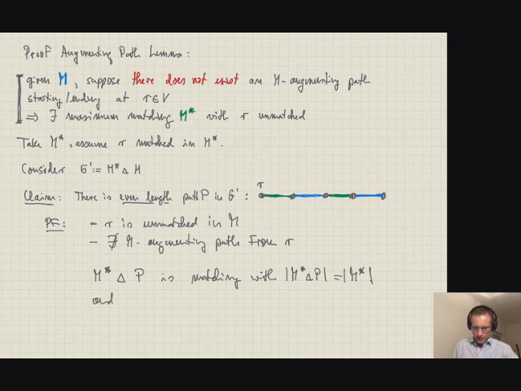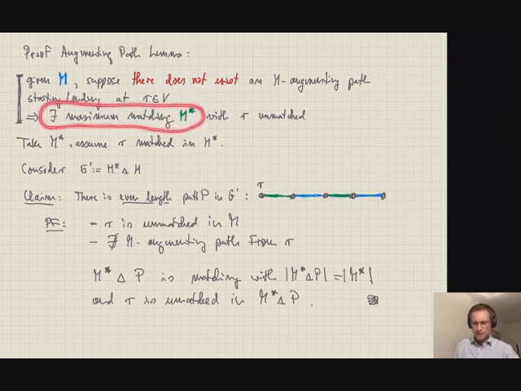And actually R is unmatched in this new matching. And that is what we wanted to show, because we wanted to show that there exists another maximum or some maximum size matching M star where R is unmatched, and we have just found it.